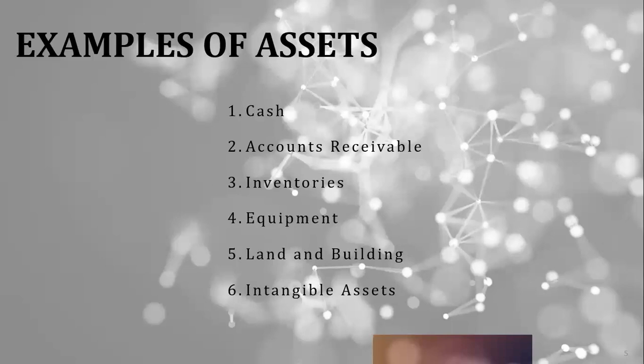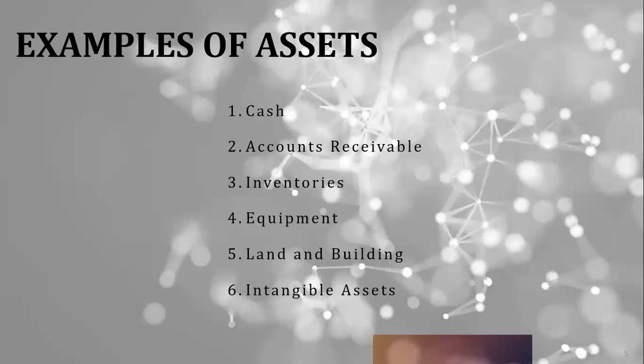So lastly is intangible assets. So when we think of the things we can own, we normally think of tangible things or those things that can be touched. But however, class, it says that assets also encompass intangible things that can neither be seen nor touched.